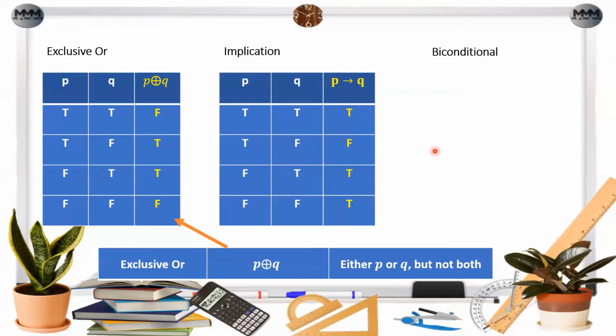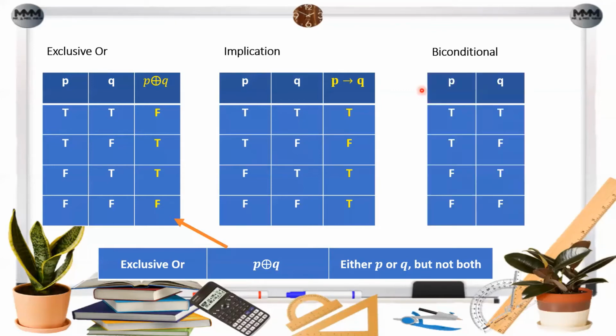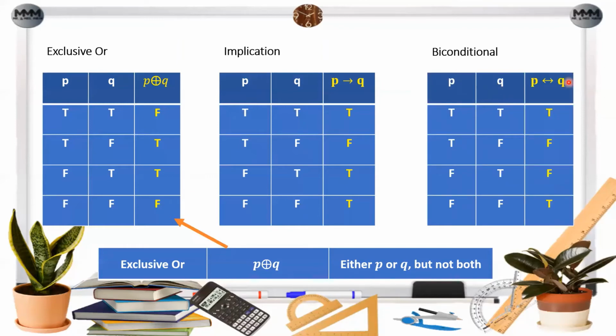Now let's proceed to biconditional. For biconditional, consider again the two propositions P and Q. Then the last column here is what we call the compound proposition for biconditional. Take note, we have here two arrows, if and only if. So when P is true if and only if Q is true, the resulting compound proposition is true.